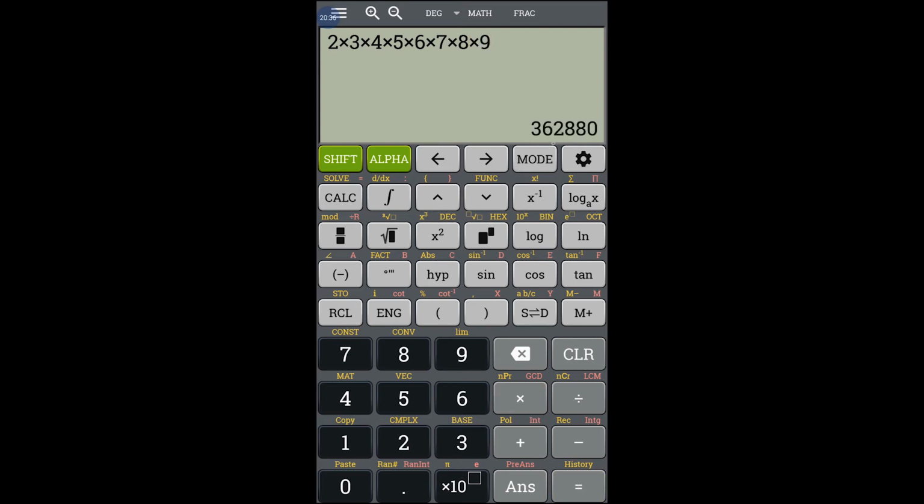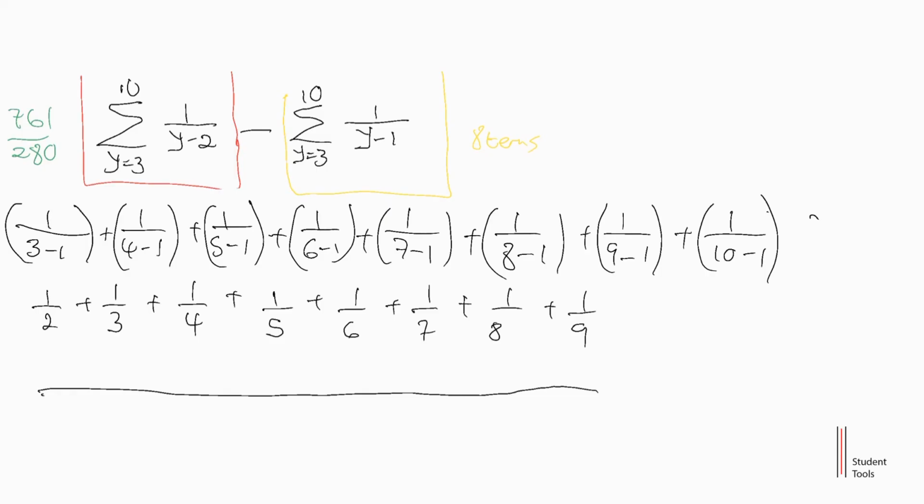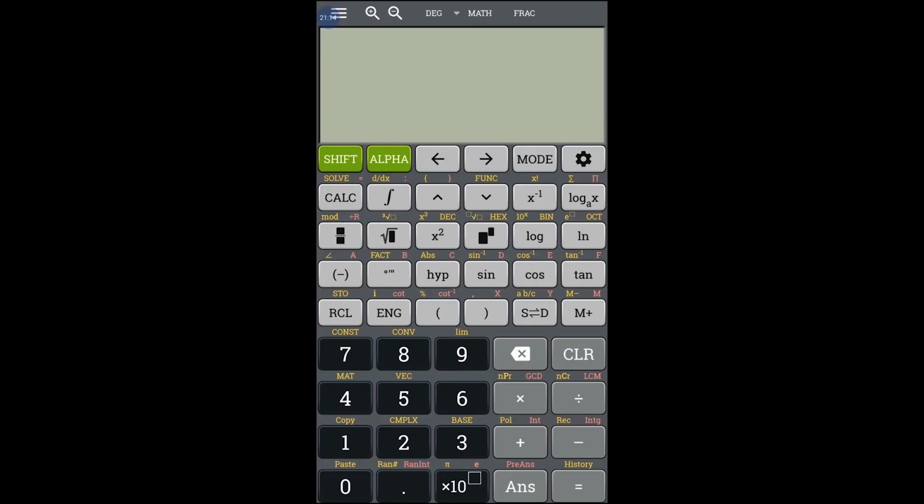And that is a 362,880. So our LCM is 362,880. So 362,880 divided by 2, it's 181,440.